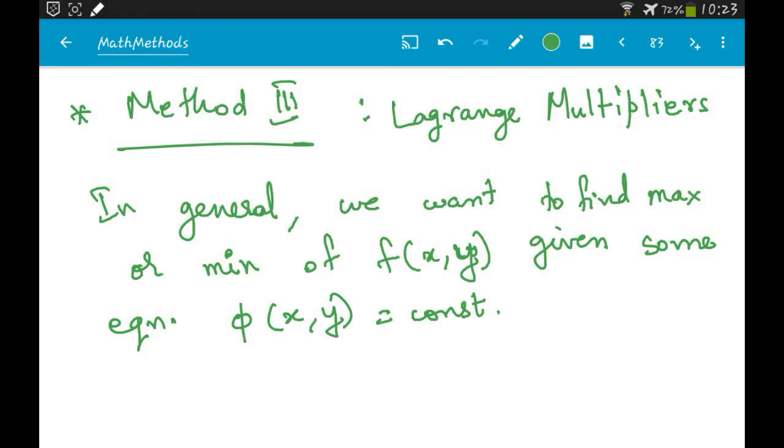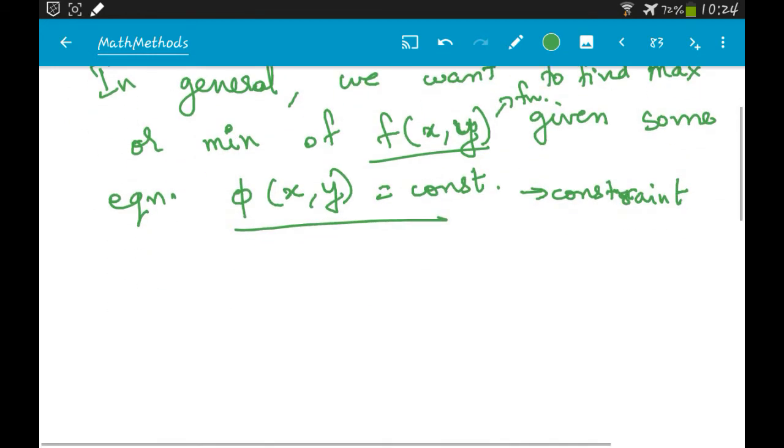So this is our function that we want to minimize or maximize, and this is our constraint.